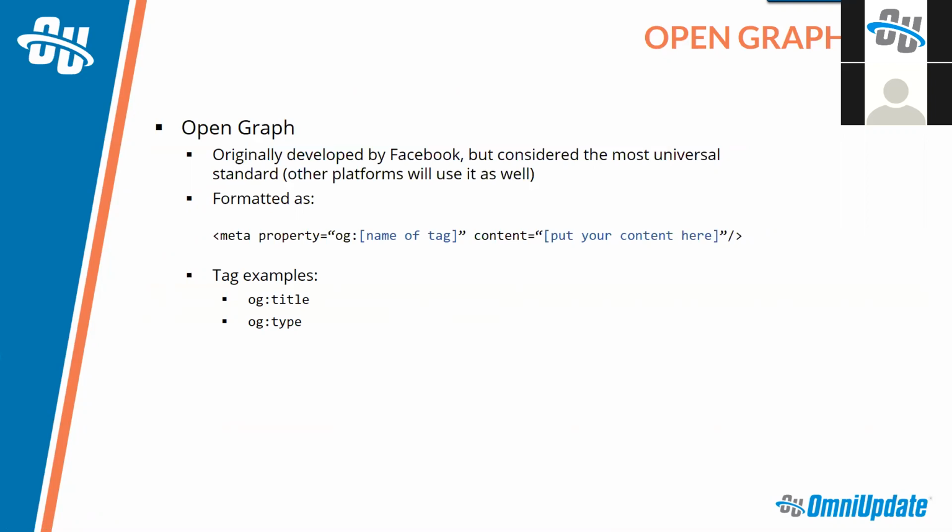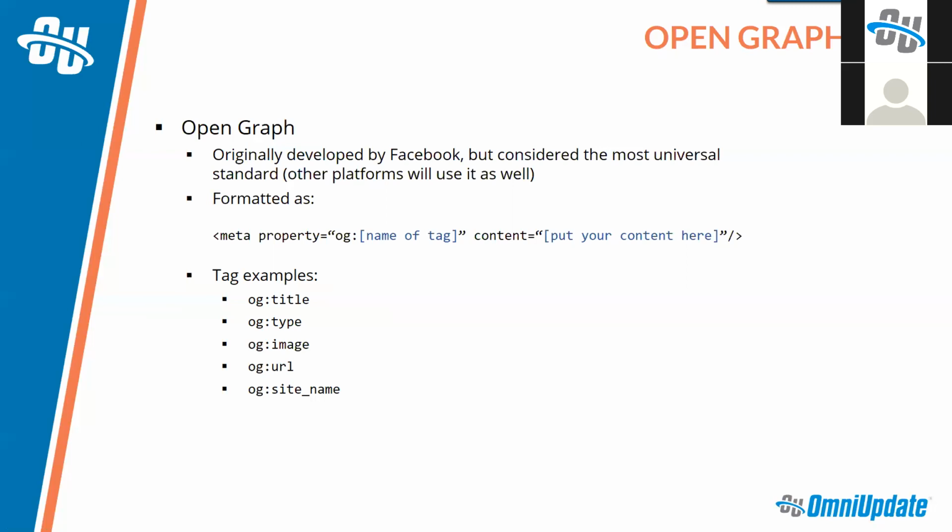Things along those lines. og:image, that would give you that big thumbnail image. og:url, the URL of the page. og:site_name, that's the actual full site, the main domain of whatever page you're pulling from. Things like that are some of the examples of the Open Graph tags that you can use. There's plenty of others beyond just these, but this is enough to kind of give you an idea of what kind of information we're attempting to present.